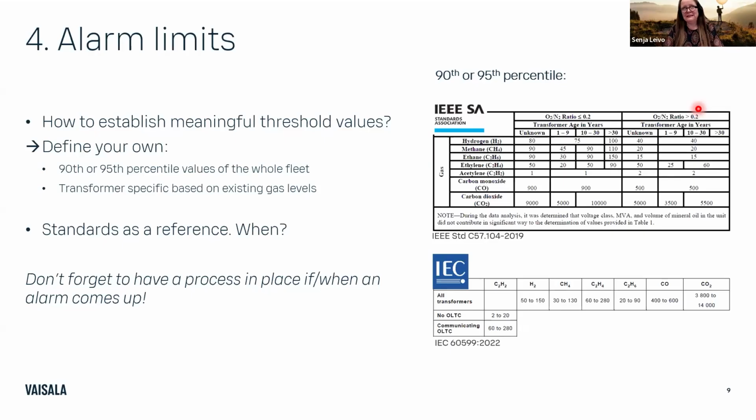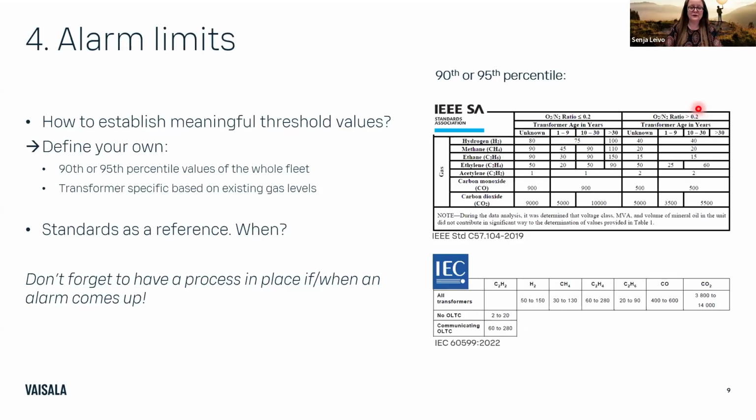And yes, it's kind of okay, but I would still recommend looking at the existing levels of your transformers, because if we directly apply the values given in the standards, very often utilities say the result comes back like 50% of our transformers are in a faulty status.